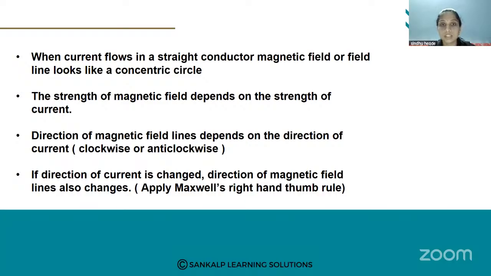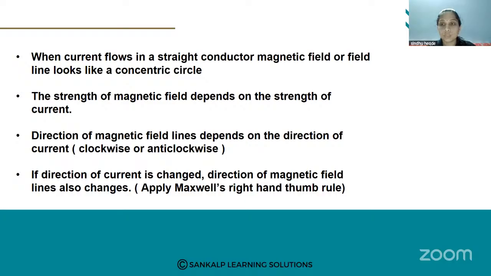This is our second main concept related to current flowing through a straight conductor. Third point, the direction of magnetic field lines depends upon the direction of current. When the current direction changes, the direction of the magnetic field lines also changes.